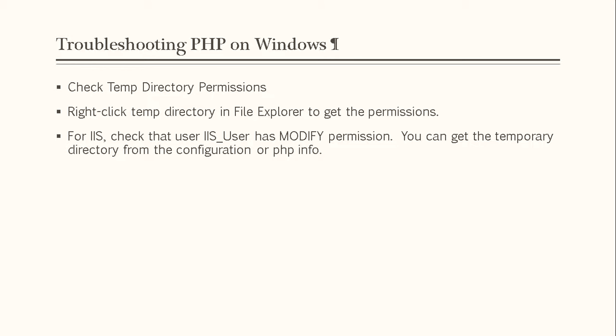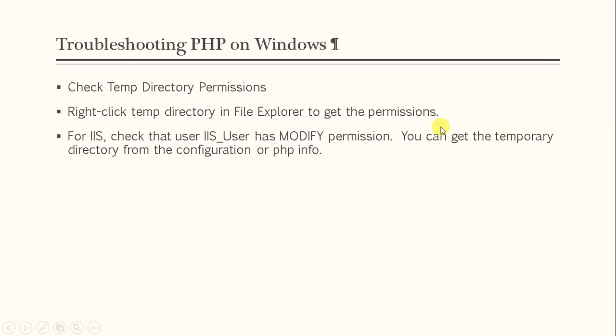Okay. So for troubleshooting PHP on Windows, sometimes there are errors. For troubleshooting, check the temp directory permissions. Right click the temp directory in File Explorer to get the permissions.